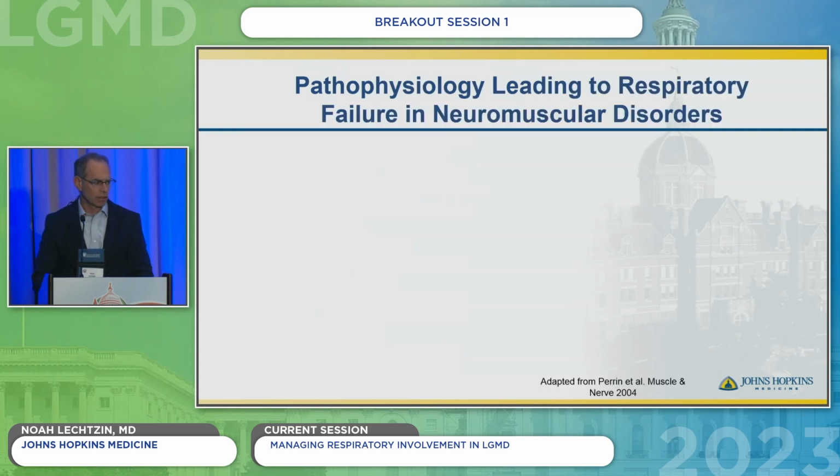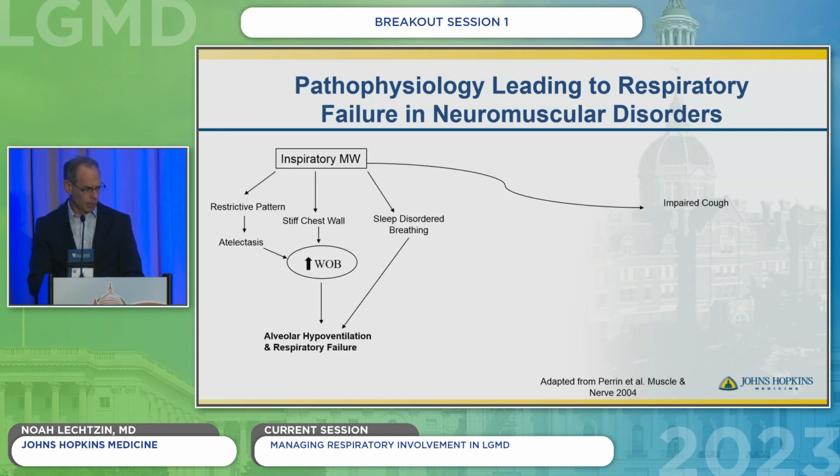Okay, this next part is going to talk about what goes wrong in neuromuscular diseases and specifically in limb-girdle muscular dystrophy. One of the problems is inspiratory muscle weakness. The diaphragm and those other muscles that we use to inhale become weak. And what happens is we develop what we call a restrictive pattern, which is a fancy way of saying the lungs get smaller.